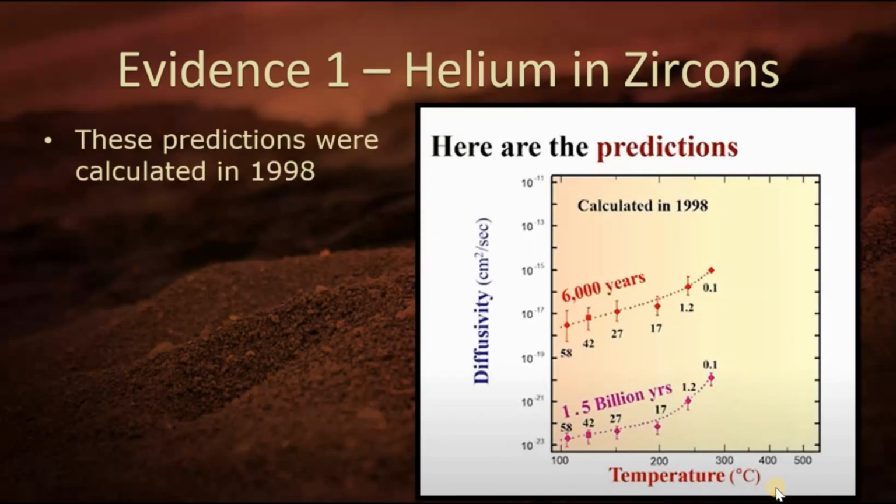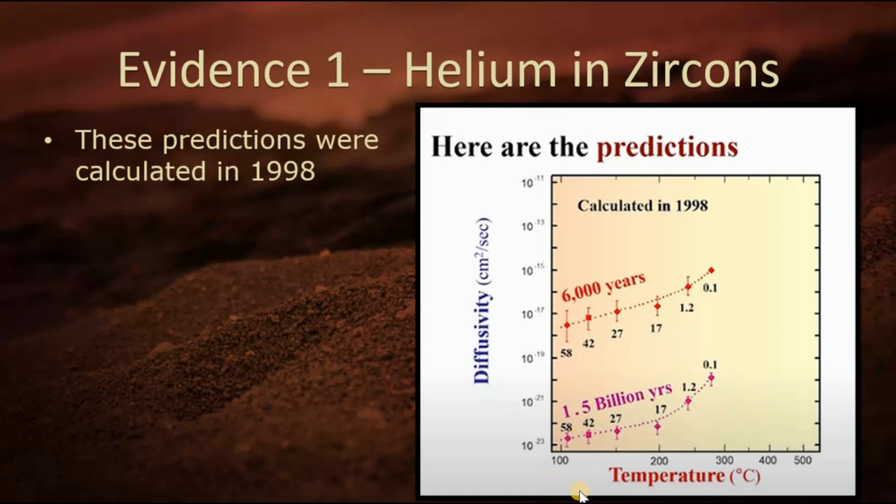These predictions were calculated in 1998. What we have here is a graph of temperature on the x-axis versus helium diffusivity, which is on the y-axis going up, or another way of saying the helium leak rate, okay?